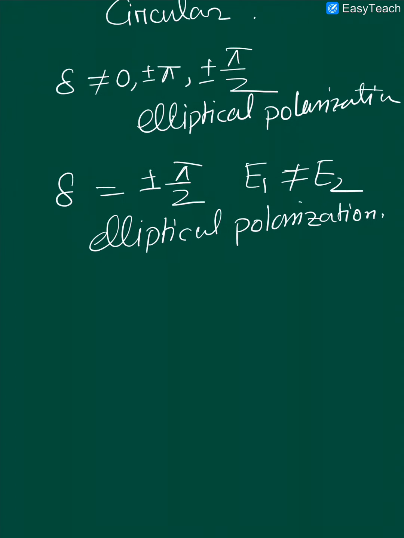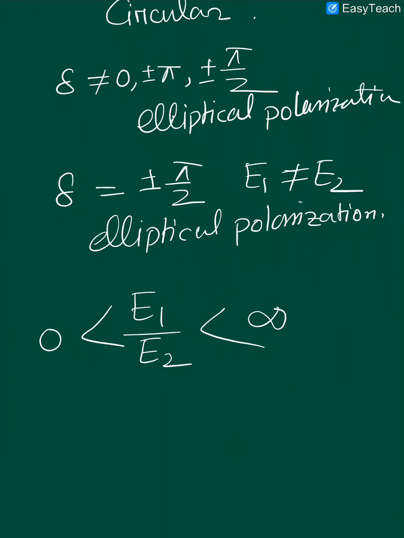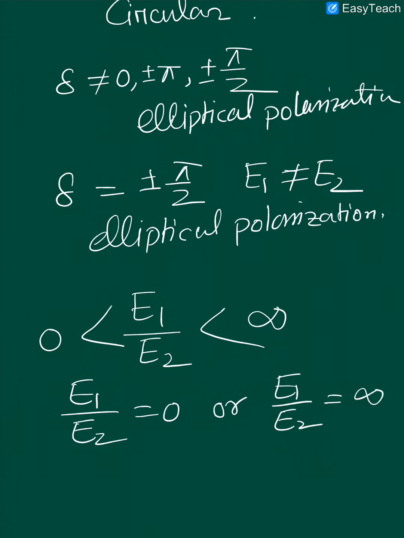Okay, another thing we must remember is that the ratio of E1 and E2 must be greater than 0 and less than infinity. If E1 by E2 equals 0 or E1 by E2 equals infinity, in that case, irrespective of your phase angle, the polarization will be linear, because in that case one of the components will exist.